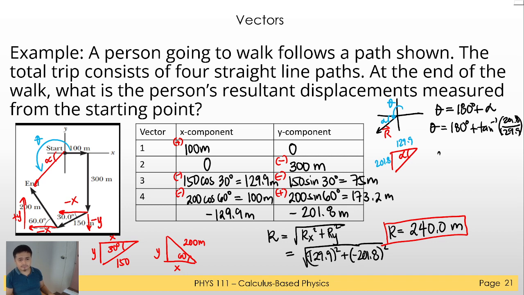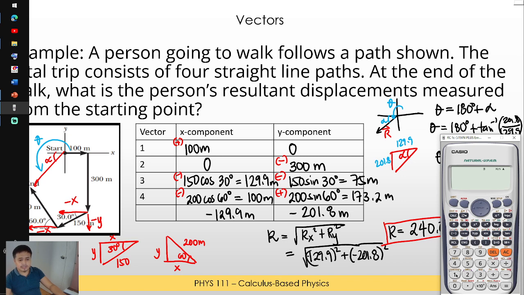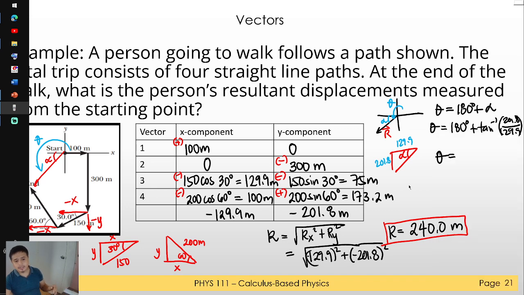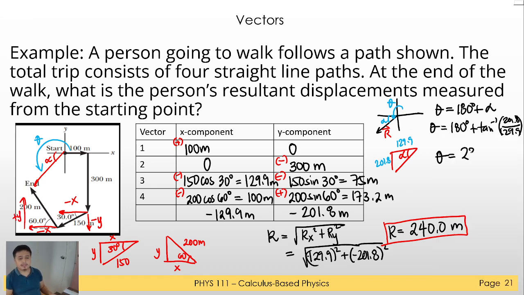So the angle theta will be equal to 237.2 degrees. Alright.